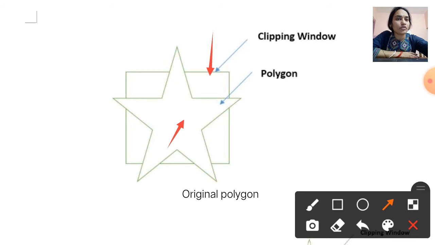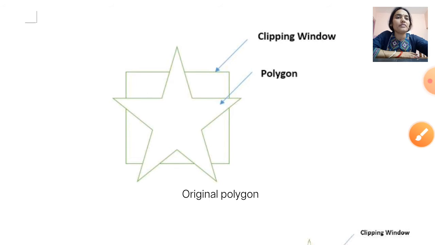This star is your polygon and the square is your clipping window. The star has 5 sides. The vertices are outside the window, isn't it? So how can it be clipped?